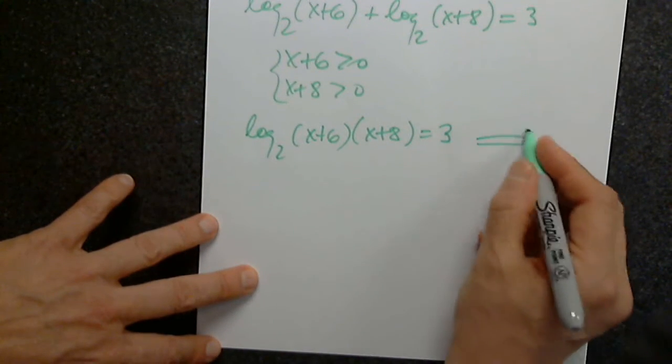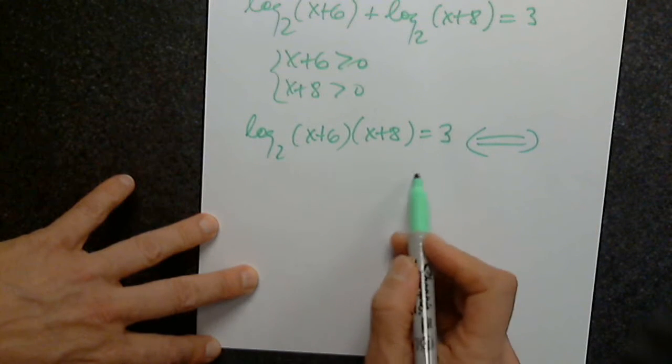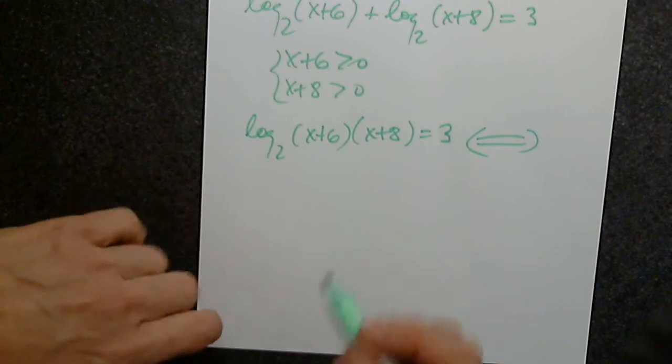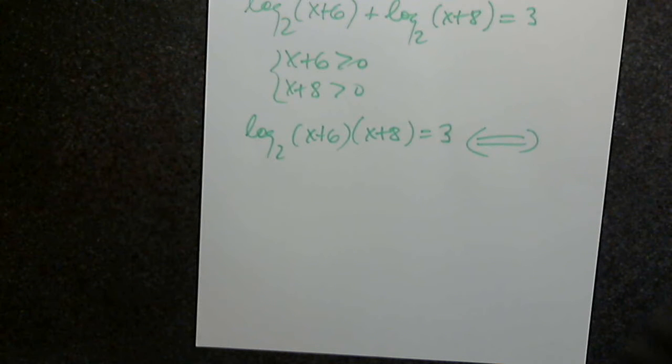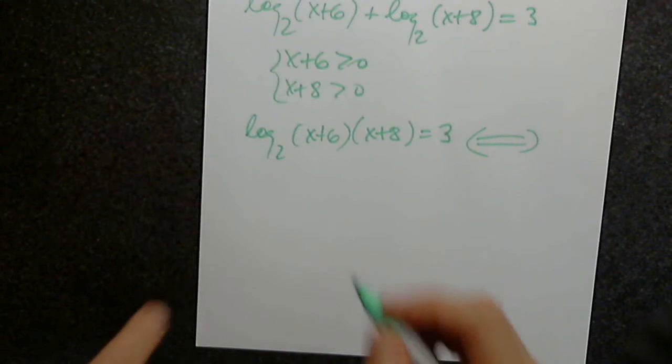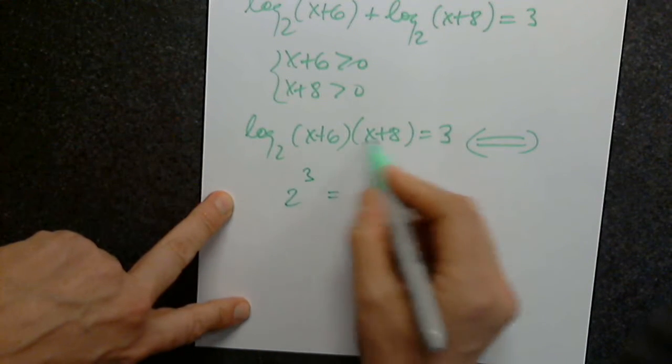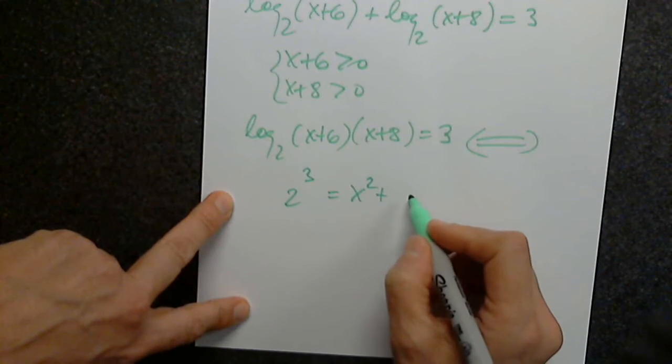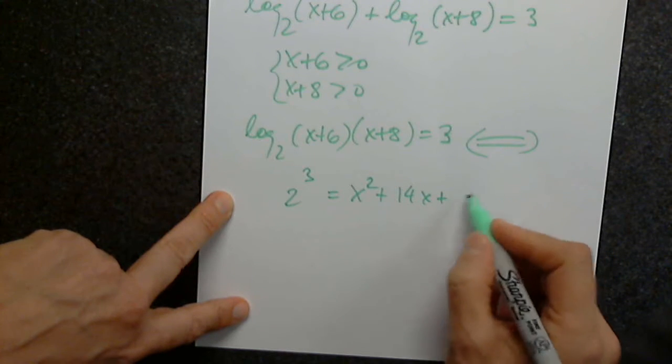And now this is equivalent to 2 raised to power 3 equals, and I'm multiplying, x squared plus 14x plus 48.